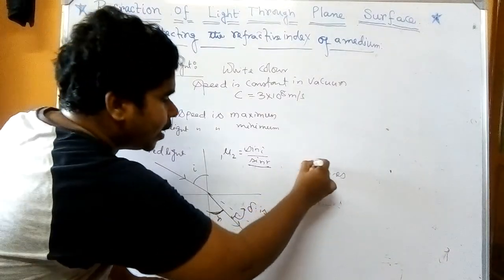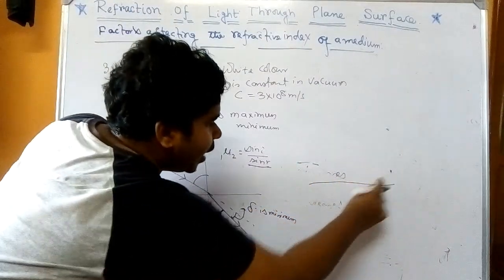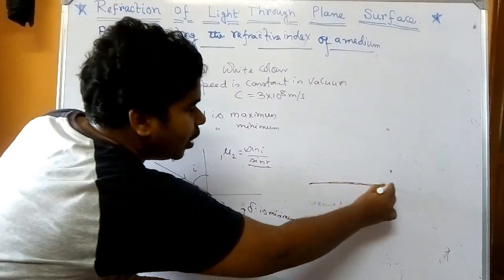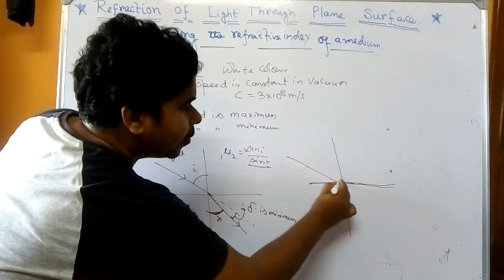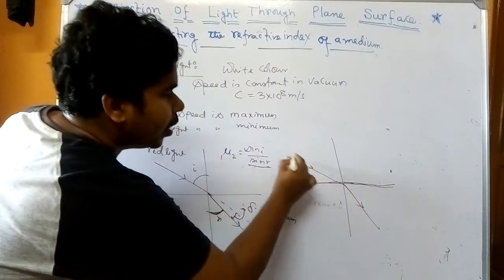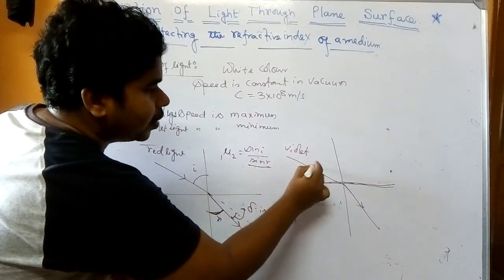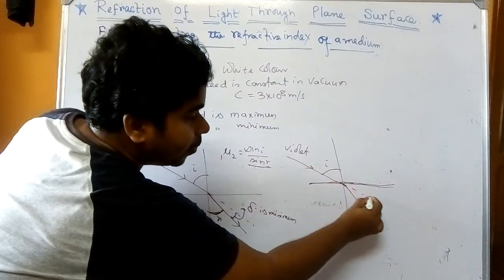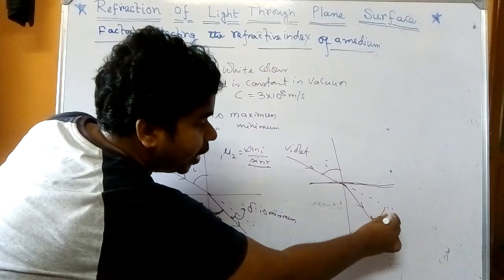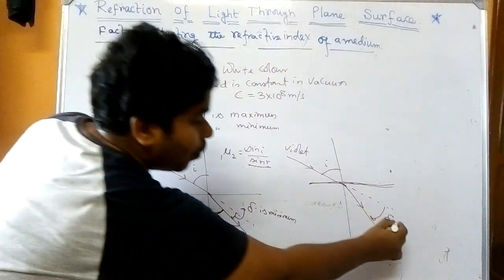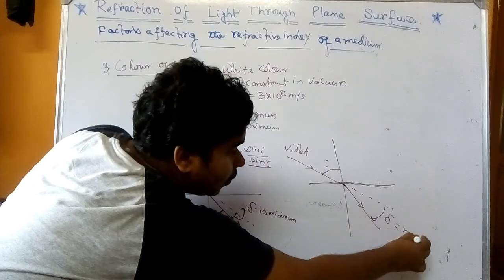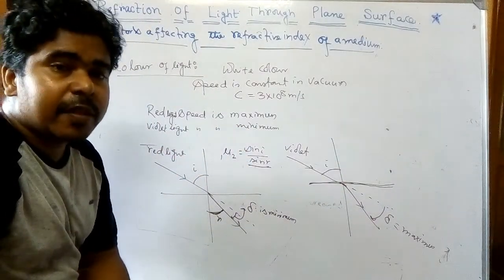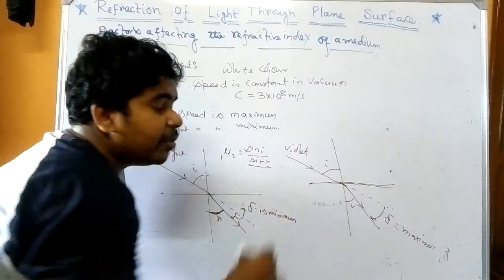In the other case, we take the same two mediums, but in this case we are using violet light. Here the angle of incidence is I and the angle of deviation delta is maximum, because the speed of violet is less, so R is minimum.